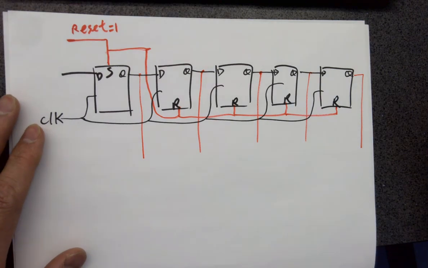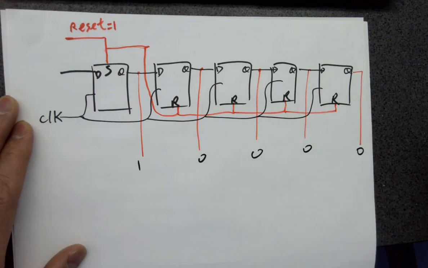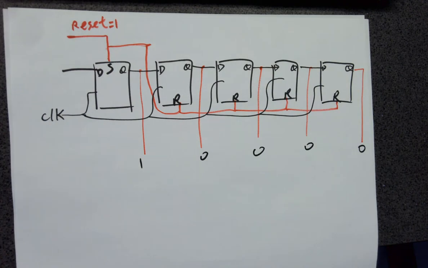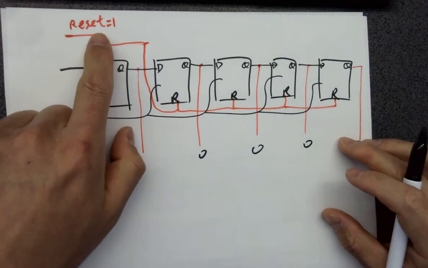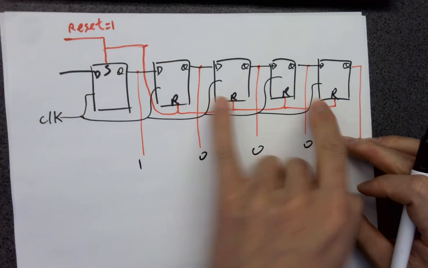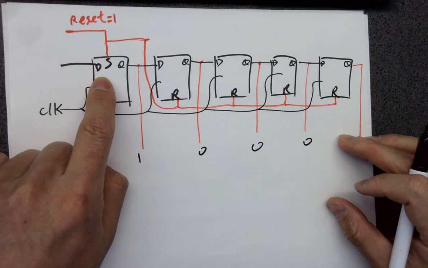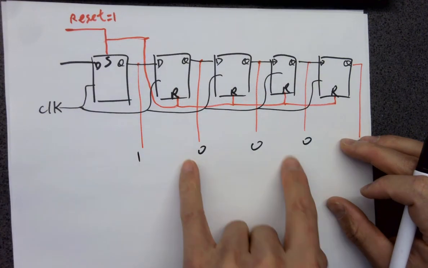The first one is being set, but the following ones are getting reset, so we are getting 1, 0, 0, 0, 0. Because this line is shorted to the set for the first one and the reset for the following ones, when you give a 1 this is getting set, but all the following ones are getting reset, giving a 0.